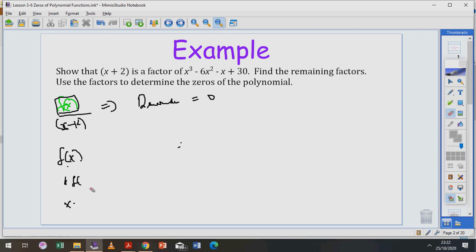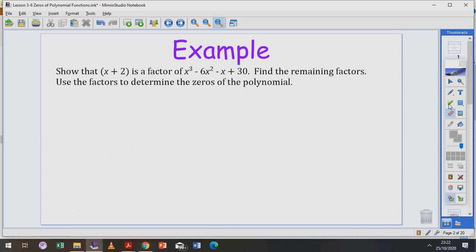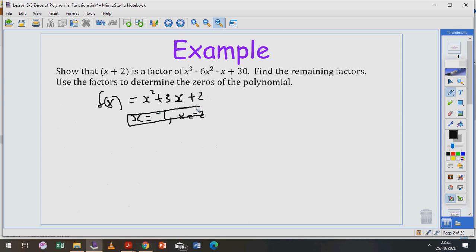To show you a simple example of that, imagine you have f of x equals x squared plus 3x plus 2. I know, because I made this question, that the zeros are x equals -1 and x equals -2. Since those are the zeros, if I substitute f of -1, my function will give me 0.